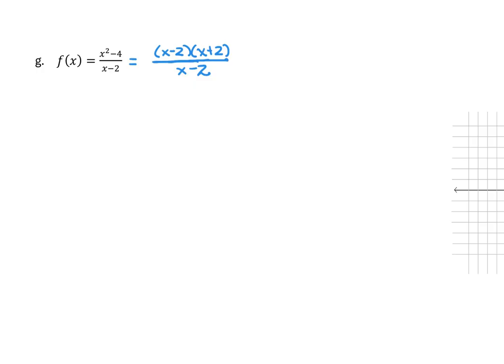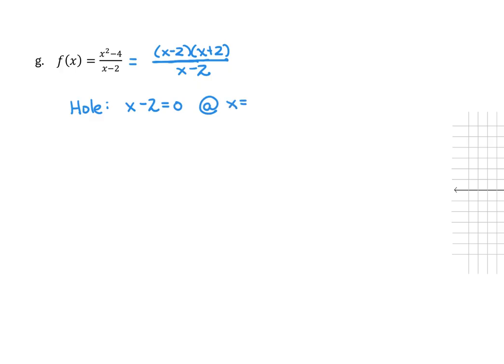We do still have a domain restriction, but here it's not going to be a vertical asymptote. What we're going to have is a hole because we do have a factor that cancels. And our hole is going to be when x minus 2 equals 0.